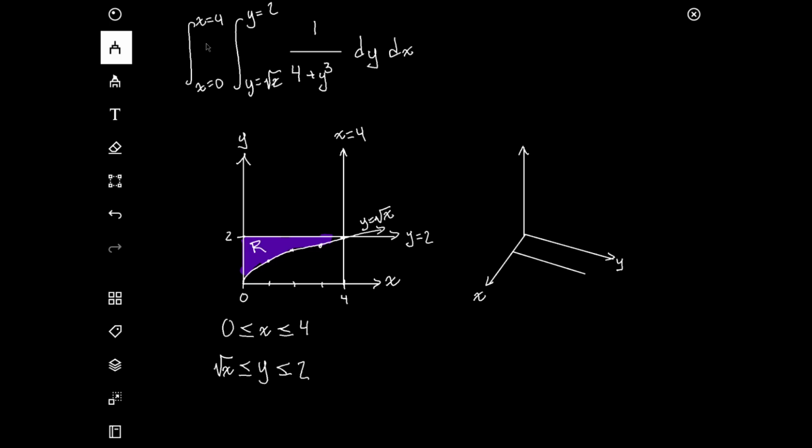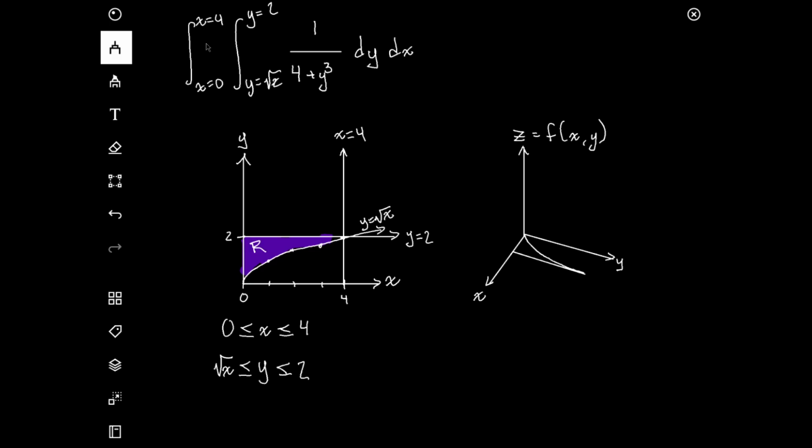So the area that we came up with looks a little something like this, right? Now, f of x comma y is z.